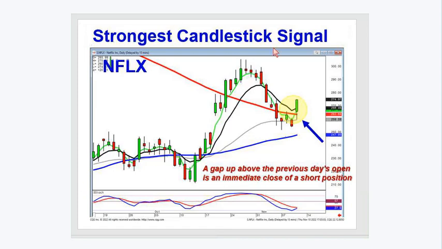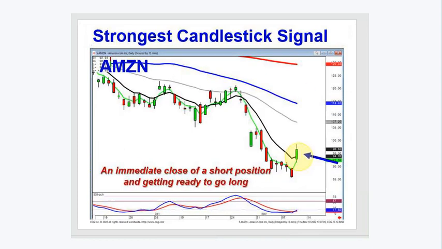Now it's the next criteria. You might want to start buying. There's a kicker signal. J-hook pattern setting up. Same thing on Amazon. You're short Amazon and it gapped up. Now we knew it was gapping up because as the market was opening, you could see the pre-market futures were up 600 points. Doesn't take a rocket scientist to figure out, whoop, they're going to be buying today. Let's get ready to cover our short position.